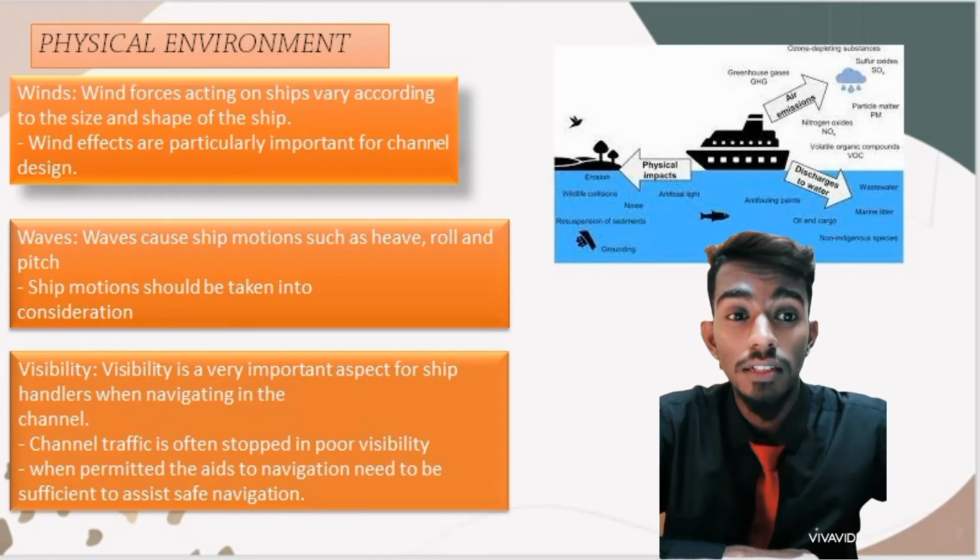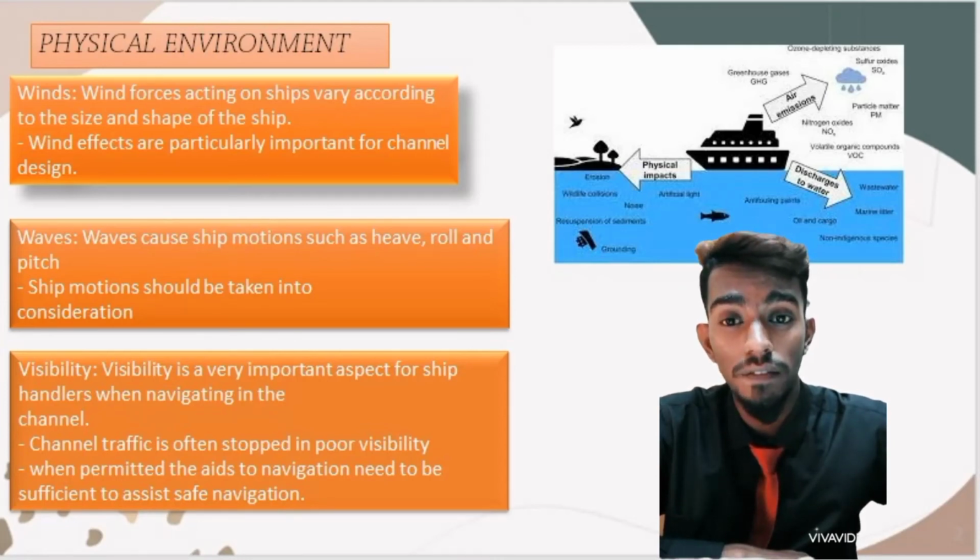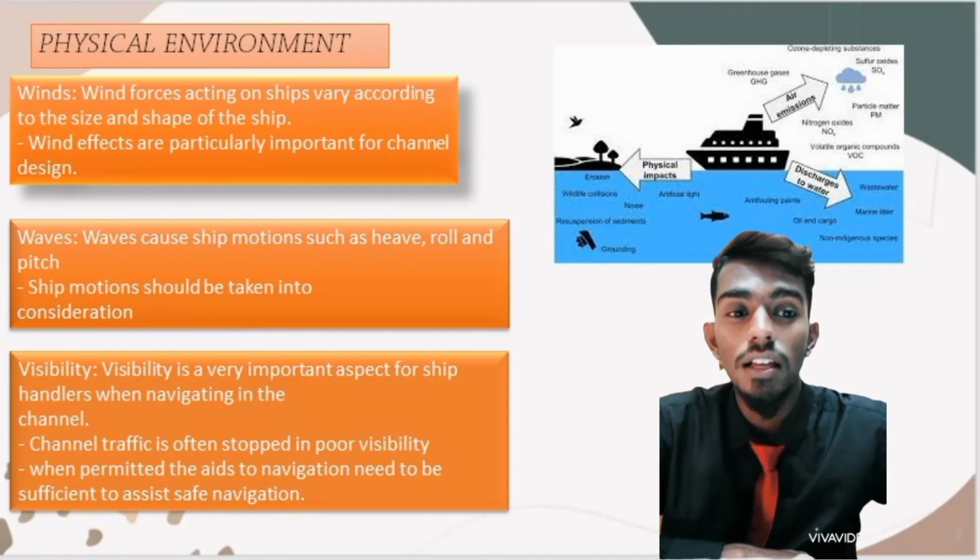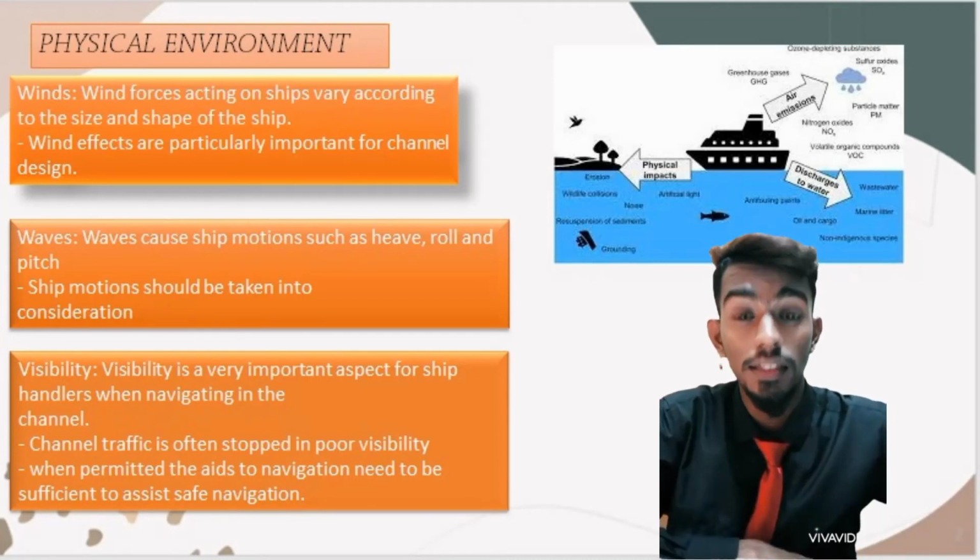Waves cause ship motion such as heavy roll and pitch as well as horizontal drift due to wave force and passing vessels. Ship motions should be taken into consideration when designing the water depth of the channel. The third aspect is visibility.